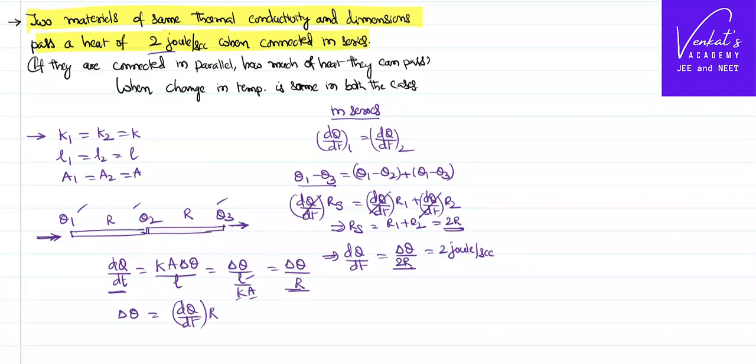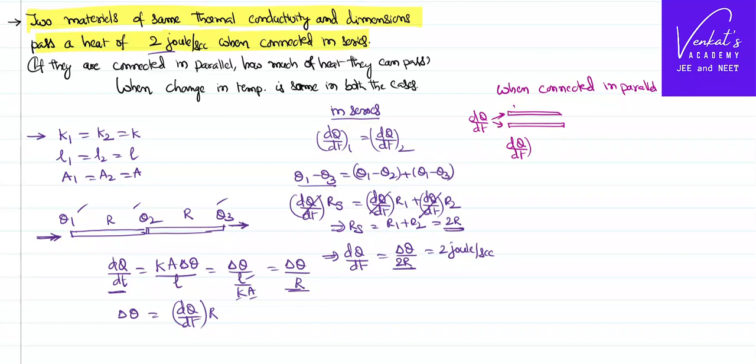Now let us write what happens when connected in parallel. This is one rod. This is another identical rod connected in parallel. When you give a dq by dt, that is shared across these two.